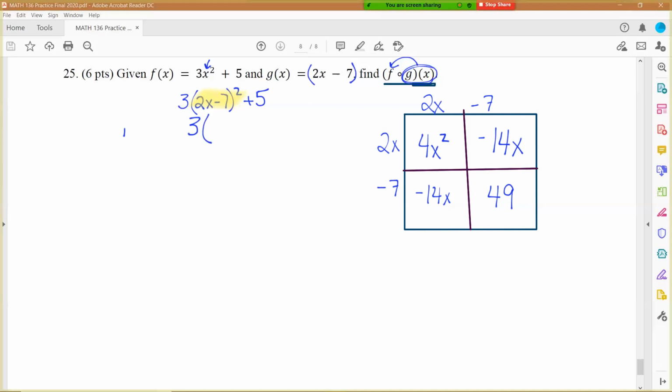We haven't done anything with it. Instead of writing what I have highlighted, we're going to write what we got when we multiply them together. So that's where the 4x squared is going to go. I'm going to combine negative 14x and negative 14x to get negative 28x plus 49 because it's positive. Oh, and don't forget the plus 5. So that plus 5 was in the original. We're just bringing it down.